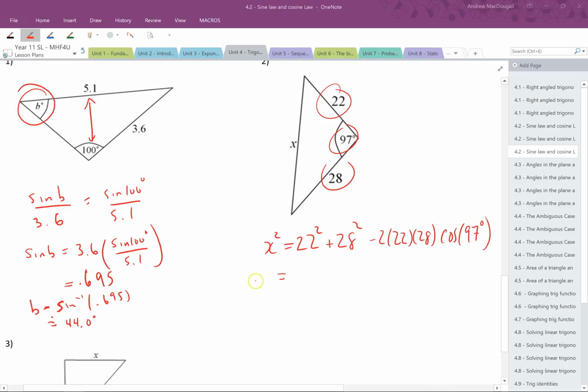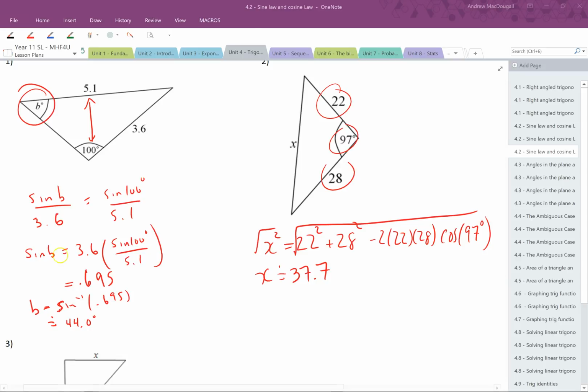And that would make x the square root of all this. Let me put it in my calculator: 22 squared plus 28 squared minus 2 times 22 times 28 times the cosine of 97. I get 37.7 rounded to 3 sig figs. Okay, so that is the cosine law.